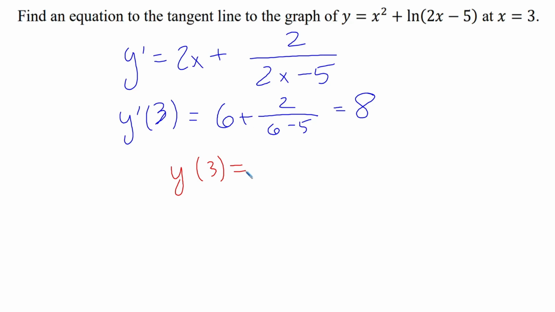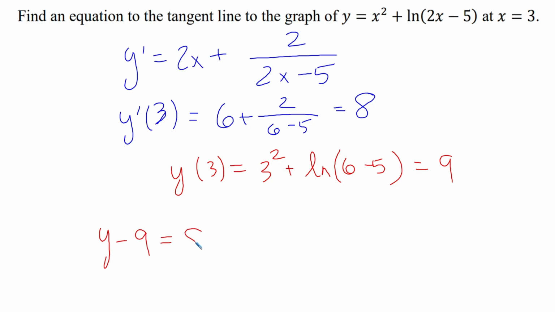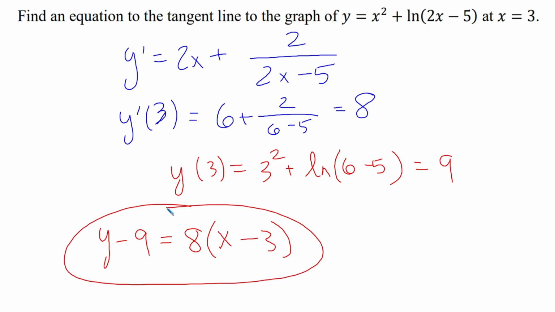Y of 3 is going to be 3 squared plus the natural log of 6 minus 5. Well, 3 squared is 9, and the natural log of 1 is 0, so that's just 9. So our equation should be y minus that y value of 9 equals our slope of 8 times x minus 3.